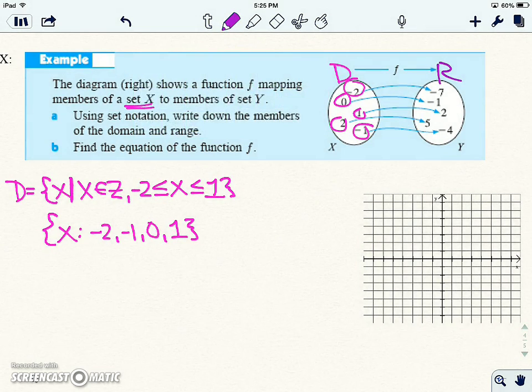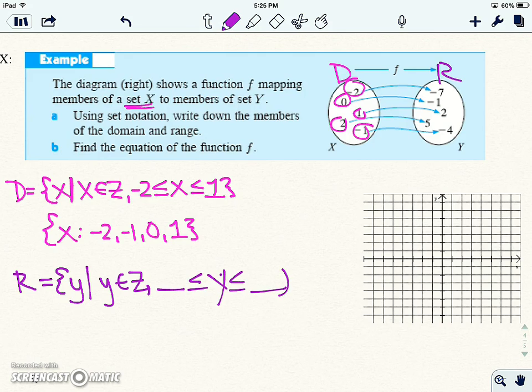Then for the range, we could say y such that, again, y is an element of the integers. And we have a problem here in that we can't just list it as something to something because it skips numbers.